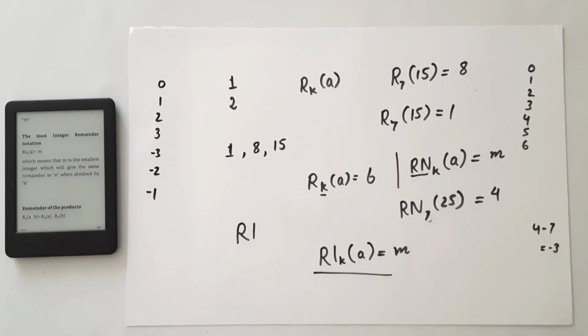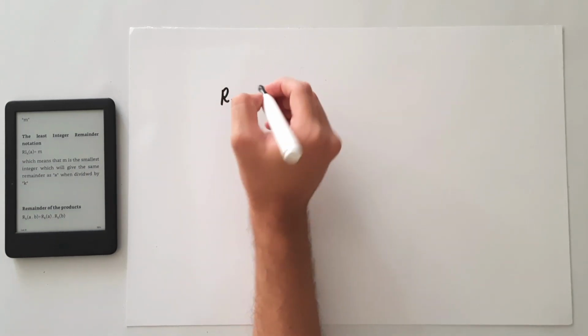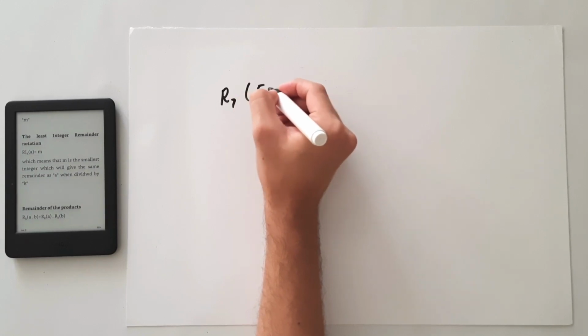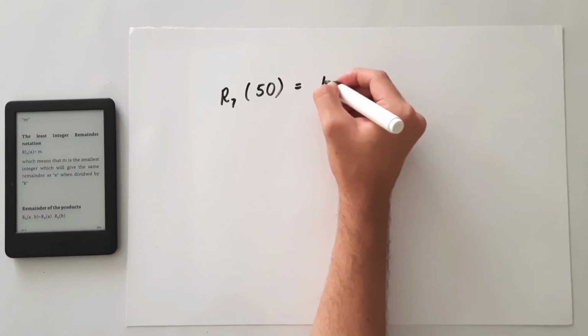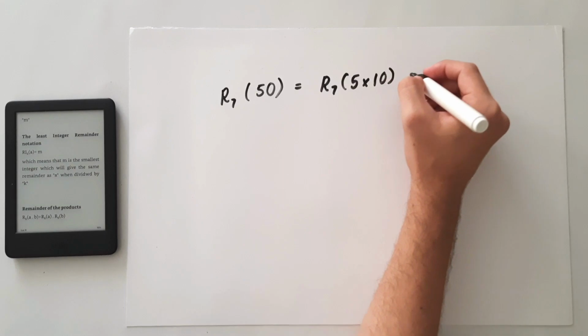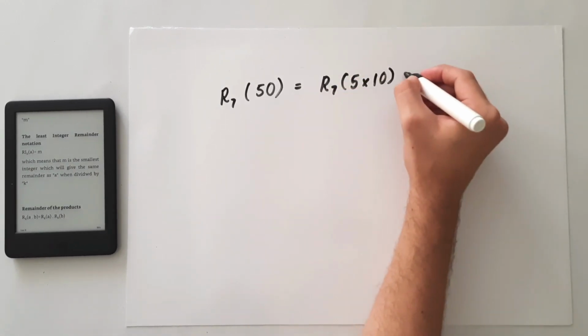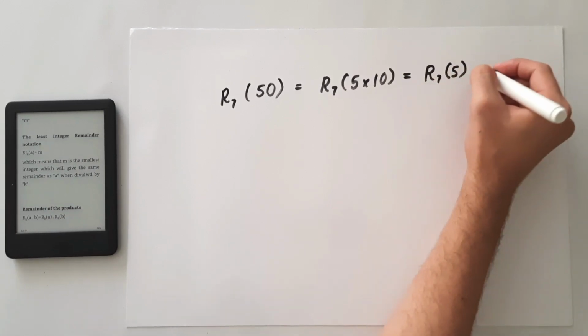Now we will come to the remainder of the products and the remainder of the sums. That is another rule for you, so that you can understand what the derivation is from the very basics. Another thing which I noted at that time was that the remainder which, supposedly, 50 will give when divided by 7 will be the same as the remainder which I get by writing 50 as 5 into 10: the remainder which 50 will give will be the same as the remainder which 5 will get into the remainder which 10 will get.